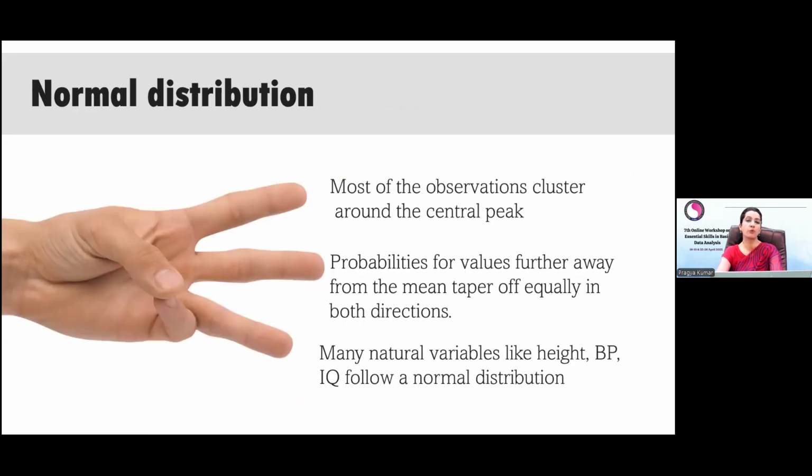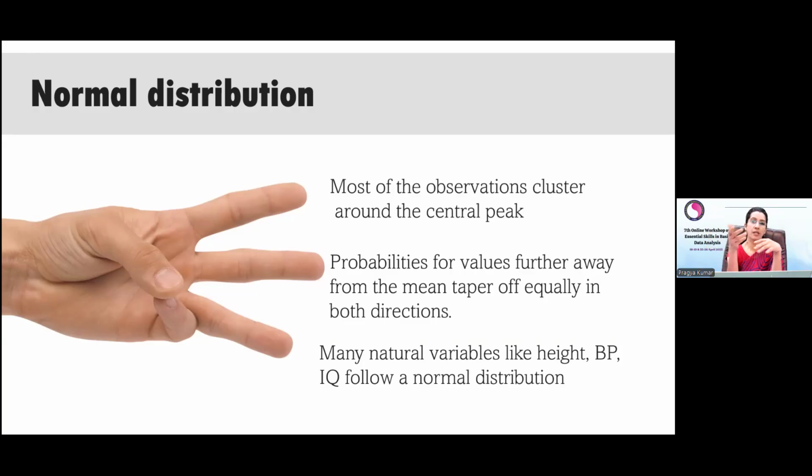Now how do we define normal distribution? Basically, in a normal distribution, most of the observations will cluster around the peak, and then the probability goes on decreasing as you move away in both directions. That's why you see a bell-shaped curve in case of a normal distribution.